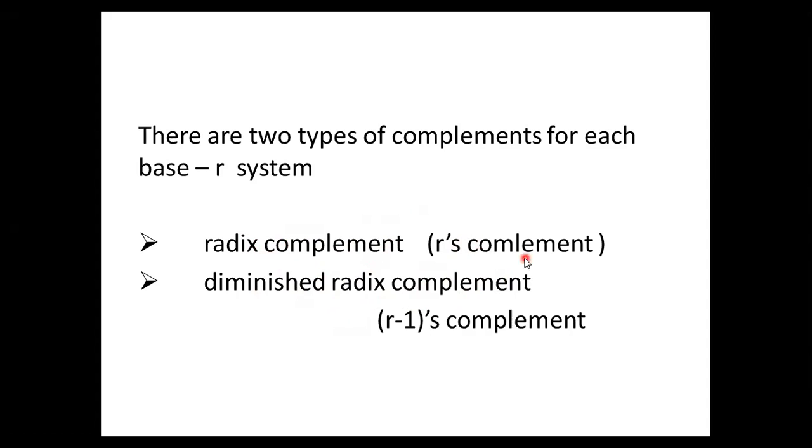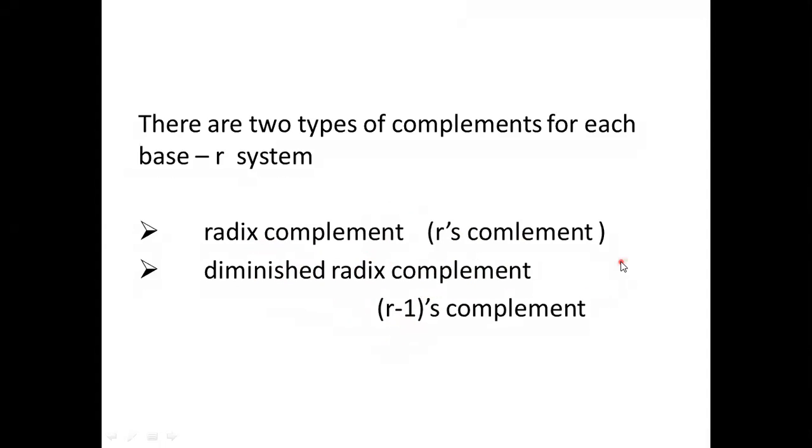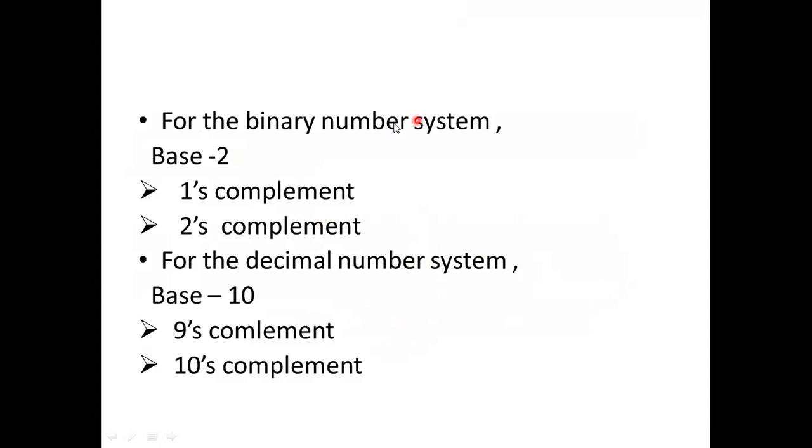Radix complement means R's complement, and diminished radix complement means R minus 1's complement. For the binary number system, what is the base? 2. So 1's complement and 2's complement.